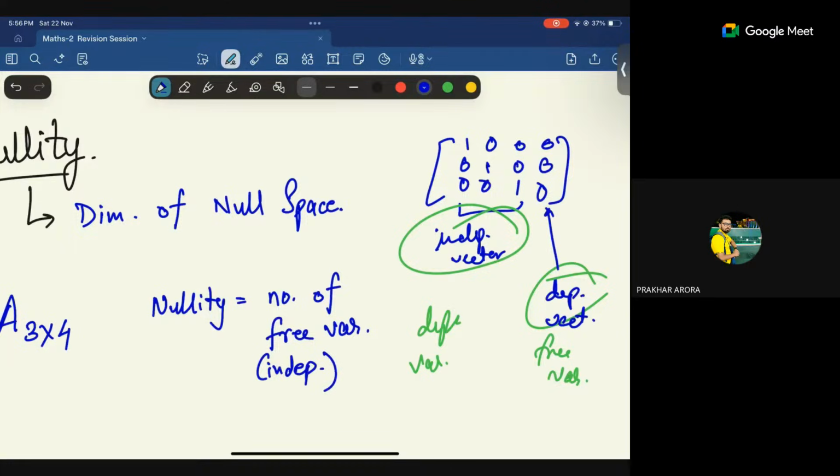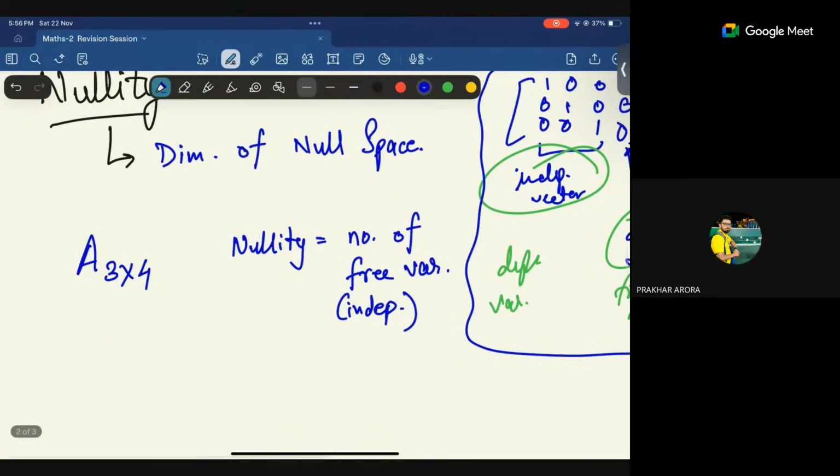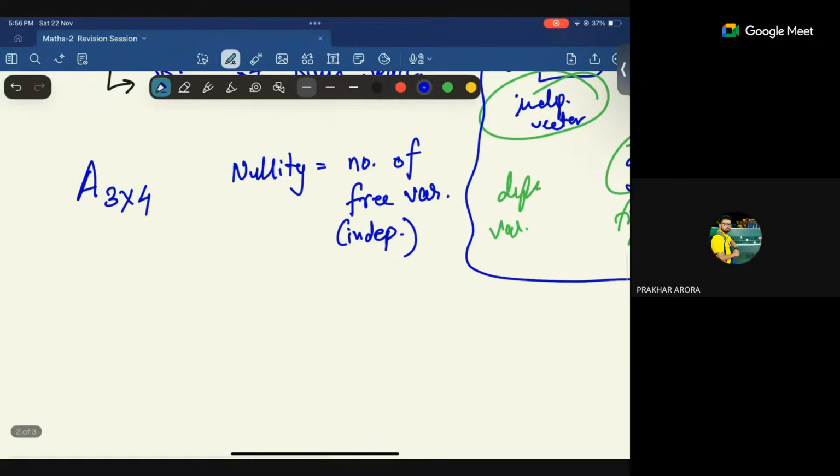The reason for this confusion is that I never study nullity like this, so I do not remember these things on the go. But this is how we will solve it: nullity is equal to the number of free variables. How I calculate nullity is from the rank nullity theorem.